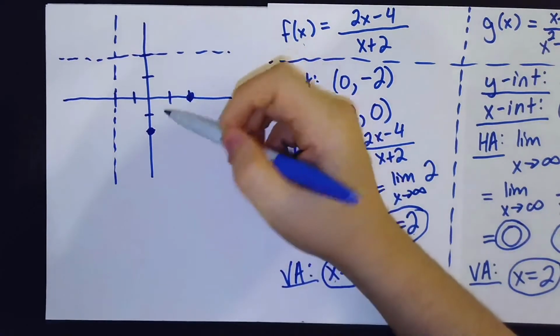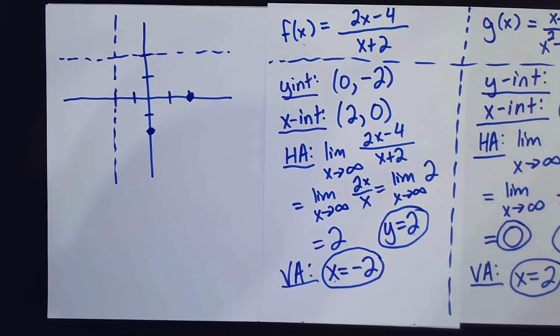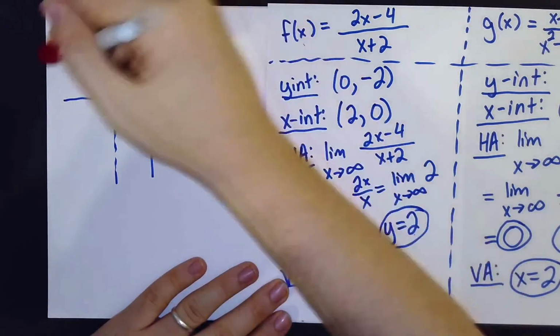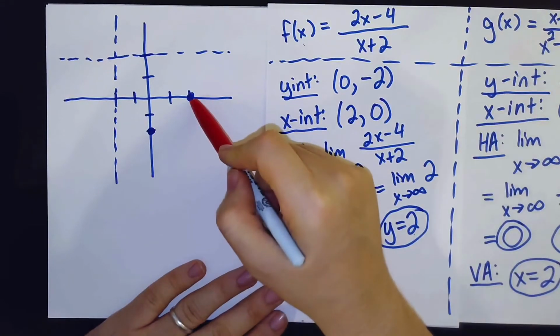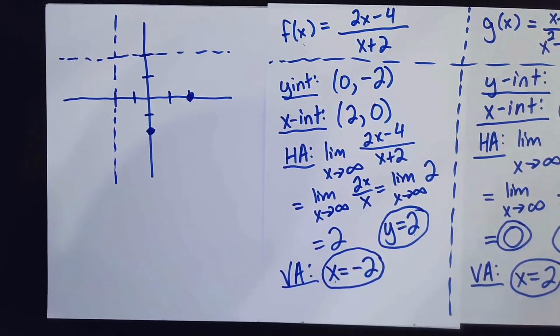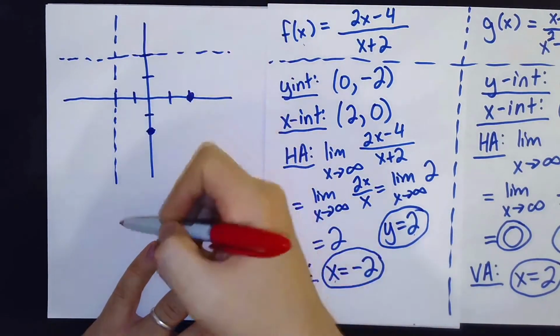Okay, so what do I know? From what I've written down and described so far, I know my graph has these two asymptotes, and that it passes through these 2 points. The only thing I think I don't know is what happens at this vertical asymptote.